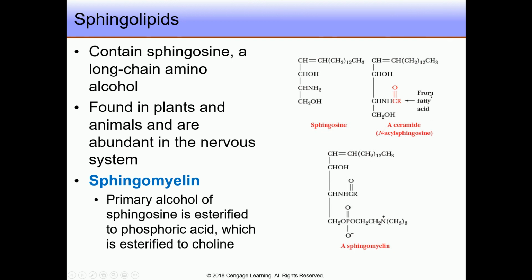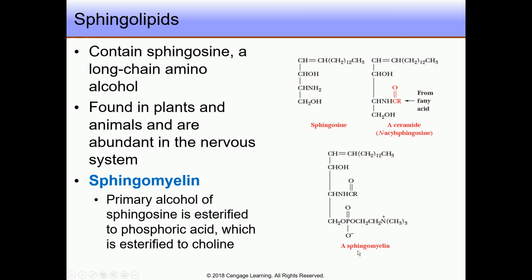If a fatty acid is attached to the carbon to which the amino group is attached, it becomes a ceramide. We are going to discuss the next category of lipids, called glycolipids, and ceramide basically forms the basic structure for the formation of the glycolipids.